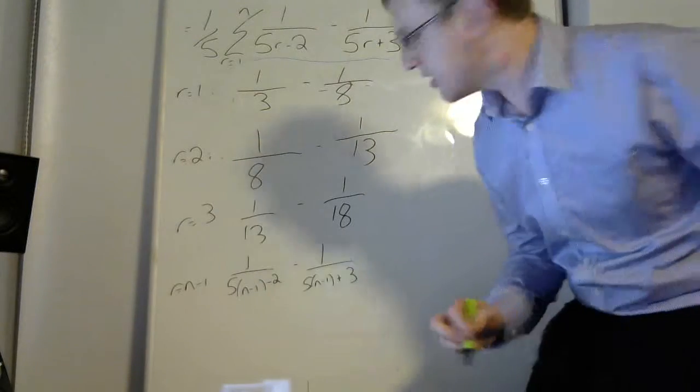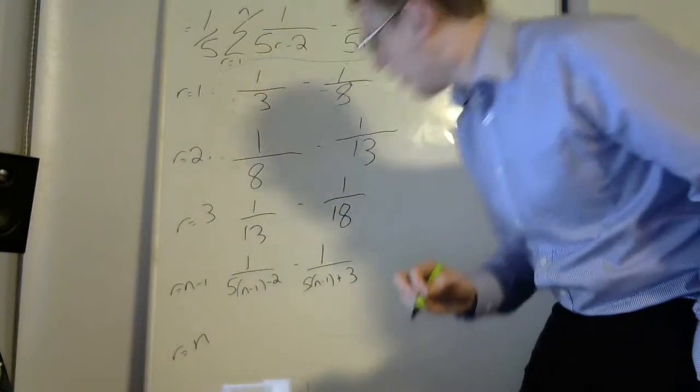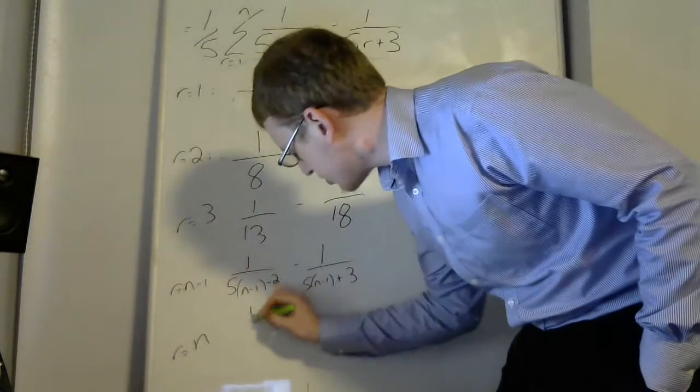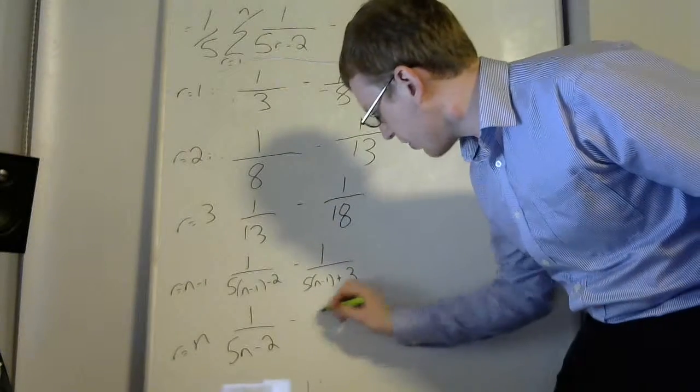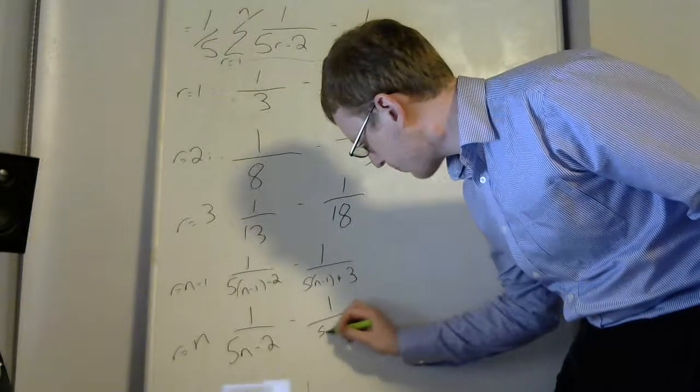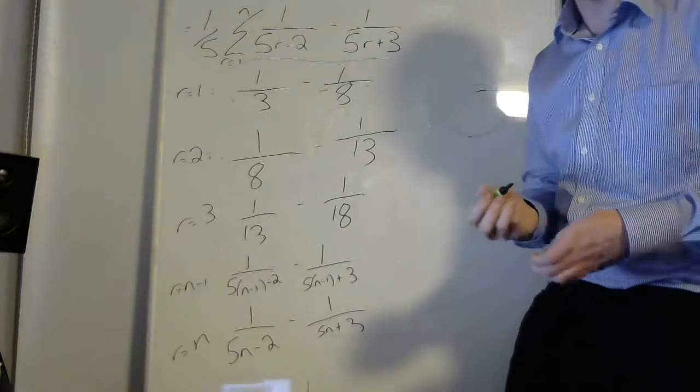That's my second to last term. And then my last term, r equals n, 1 over 5n minus 2, and minus 1 over 5n plus 3.